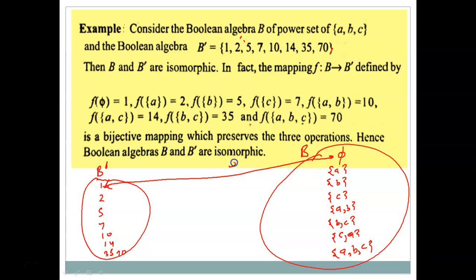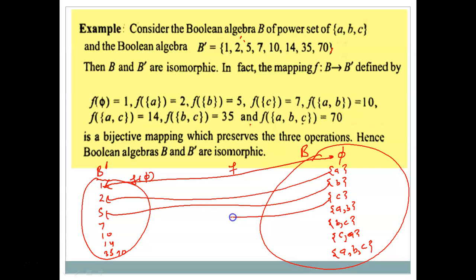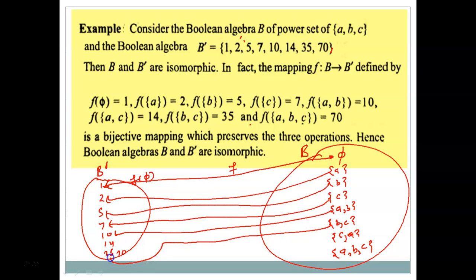So here we are defining in such a way that f of phi is 1, f of A is 2, f of singleton B is 5, f of singleton C is 7, f of AB is 10, f of BC is 35, f of AC is 14, and f of ABC is 70.